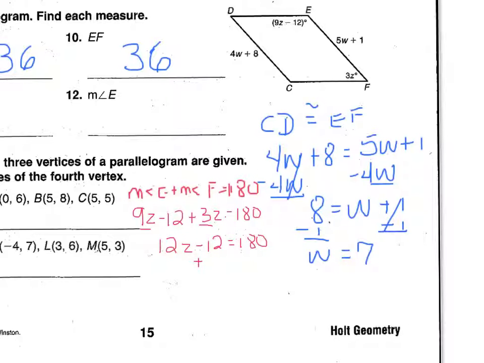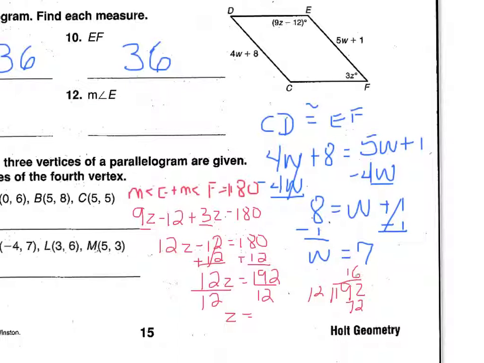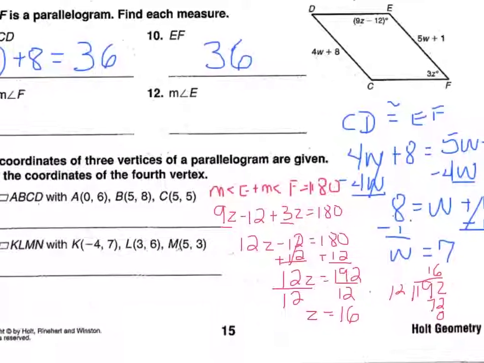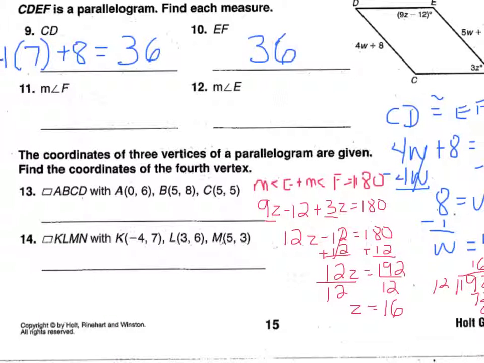And then we solve for Z by adding 12 to both sides. So 12Z equals 192. And then we divide by 12. So Z, let me see, 192 divided by 12 is 16. So Z is 16. Now I can come back and plug that into the angle. Let me do F. The measurement of angle F is 3 times Z, that is 16, that is 48.